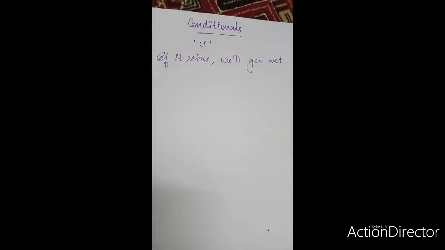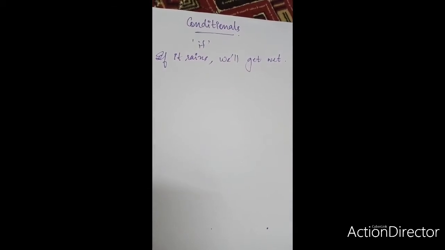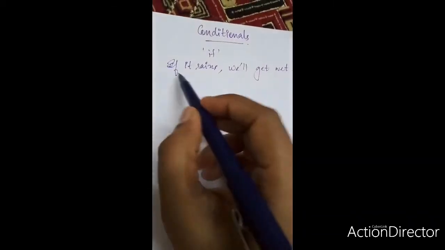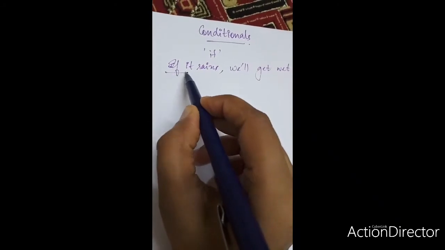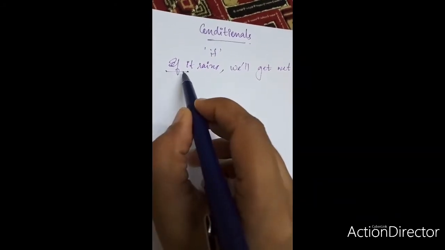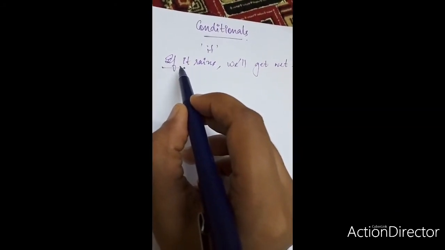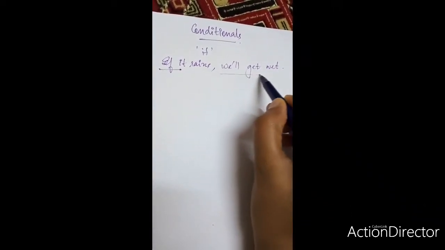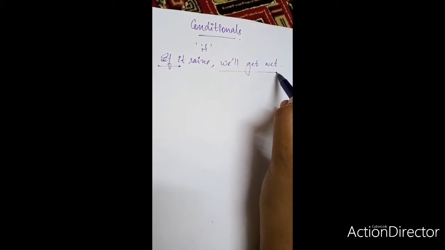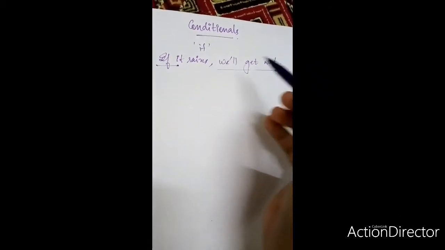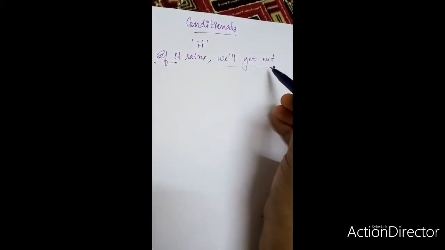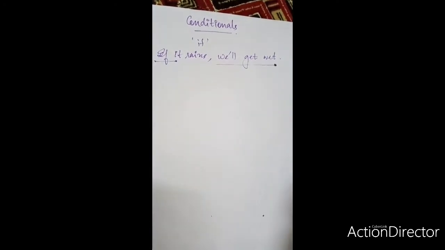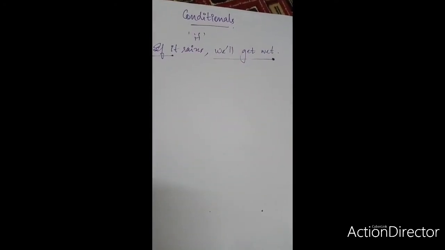So if it rains, we'll get wet. This is a conditional sentence starting with if. So if we are using to describe a possible situation, and this is the second part of the sentence which describes the consequence. So if it rains, then we'll get wet. So getting wet is a consequence.